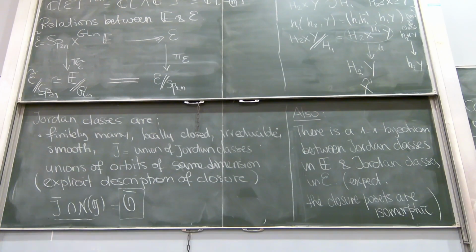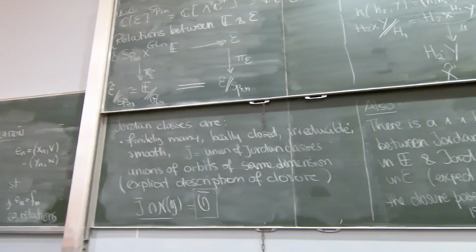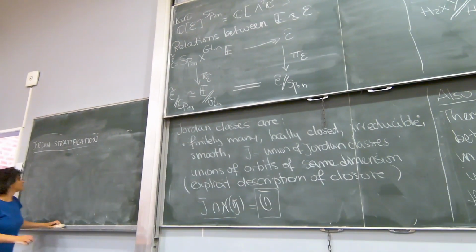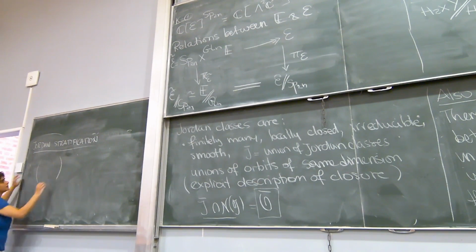So maybe I can draw a picture. If you have a semi-simple element and you take it diagonal, then the stabilizer will be some sort of product of symplectic groups. Now I'm making only two in this way.